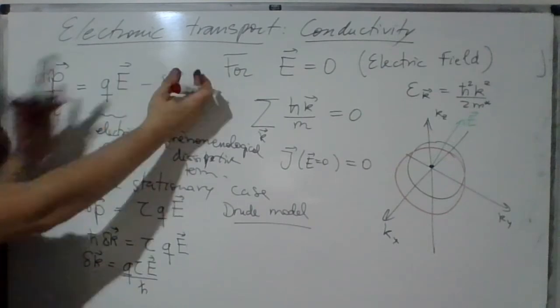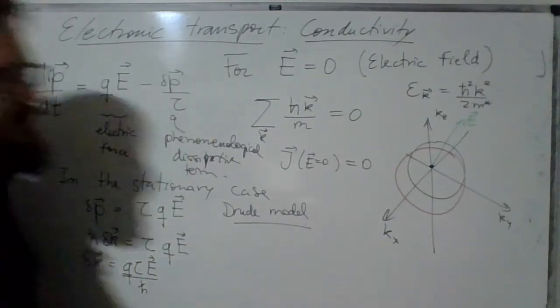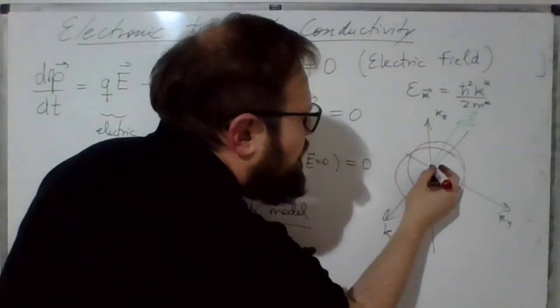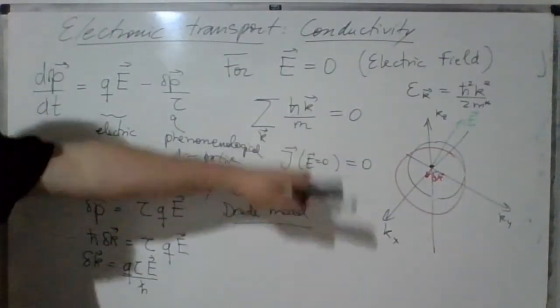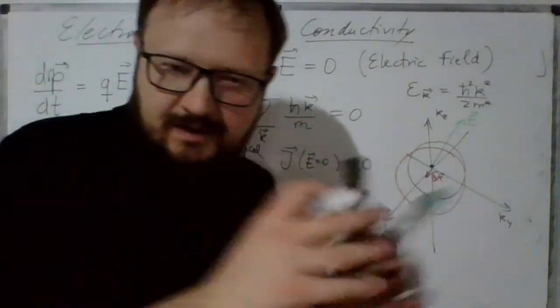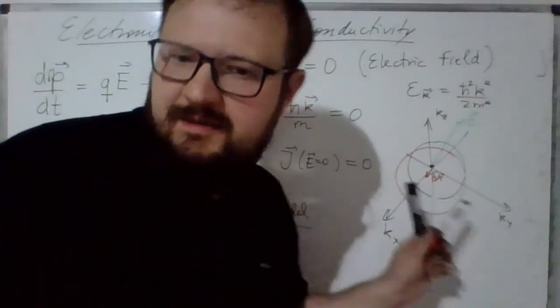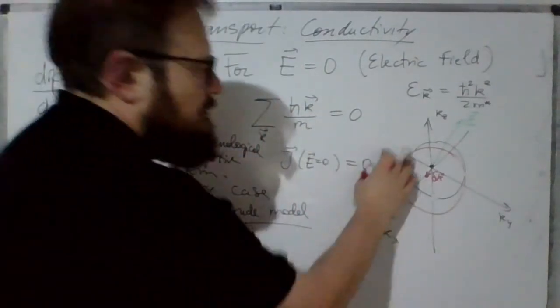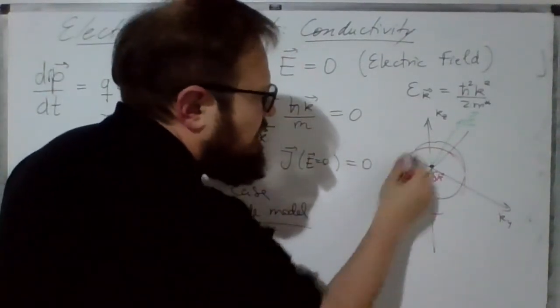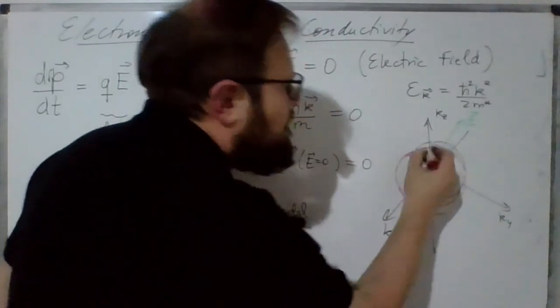So we have this equal to zero, and the new center will be this delta k here. The entire sphere dislocates. It doesn't contract or expand. My picture here is a little rough, so to be precise, the size of the Fermi sphere doesn't change.